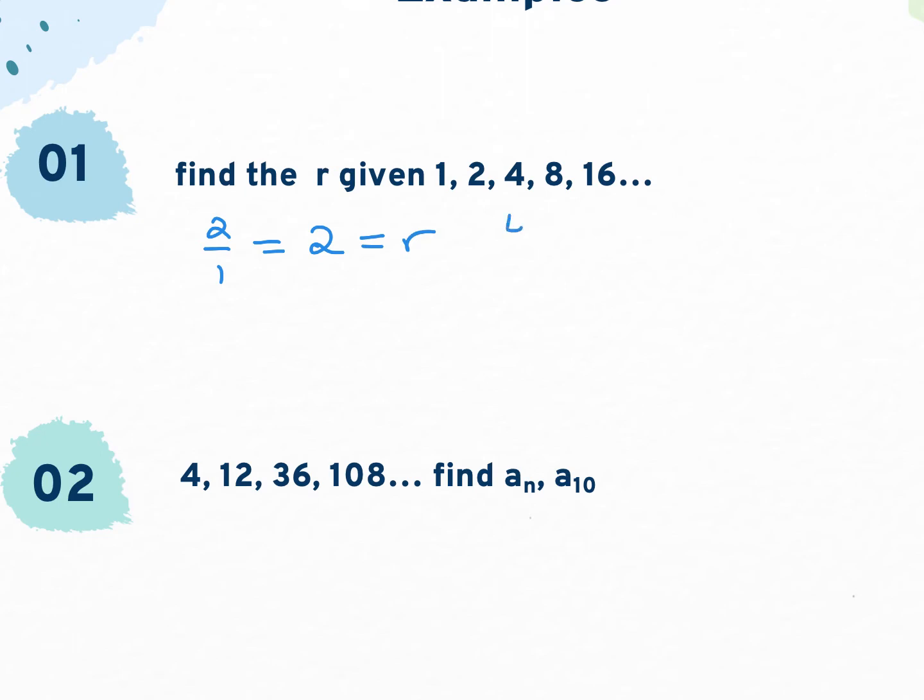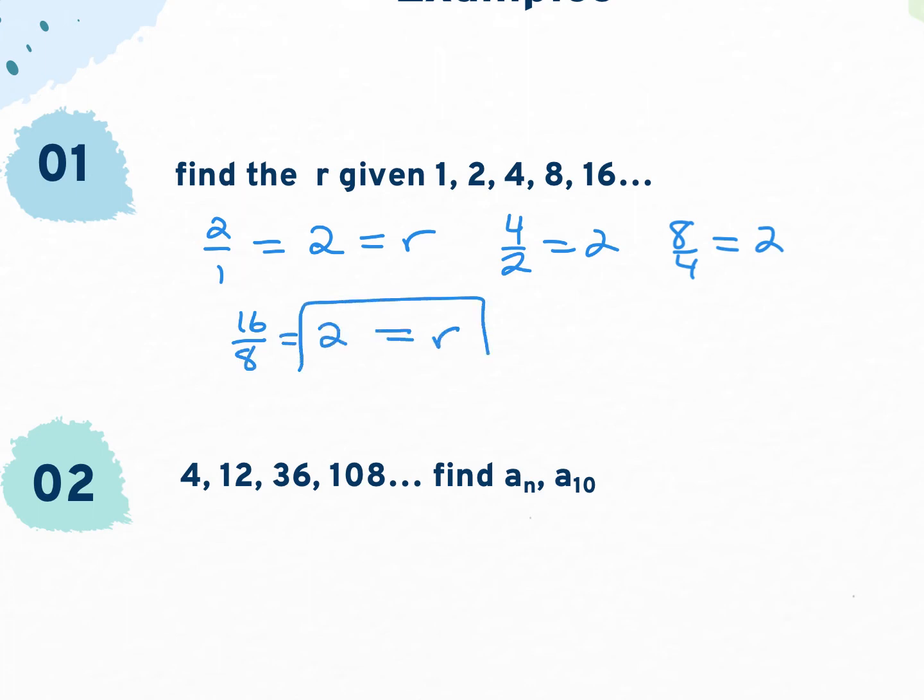I could have also divided 4 by 2, 8 by 4, the two that are consecutive, or even 16 by 8. They will all give me 2, which is my common ratio, or my r value. Everybody good so far? All right.